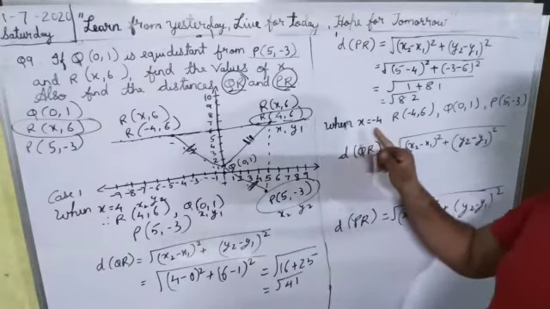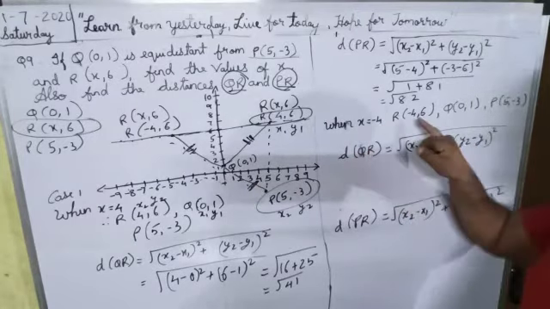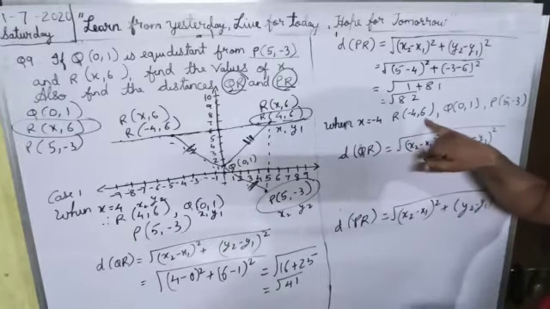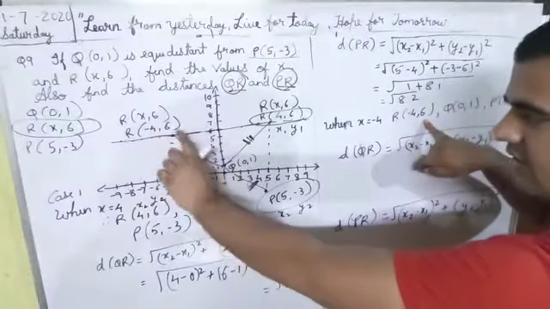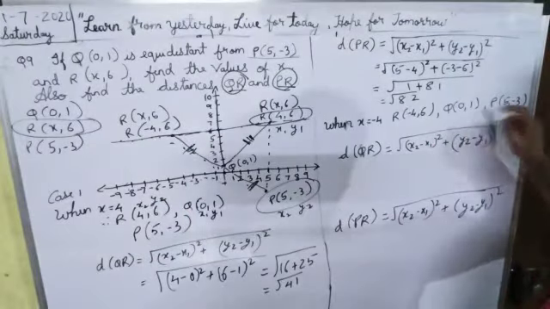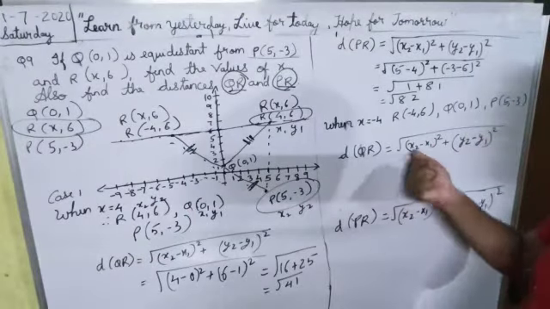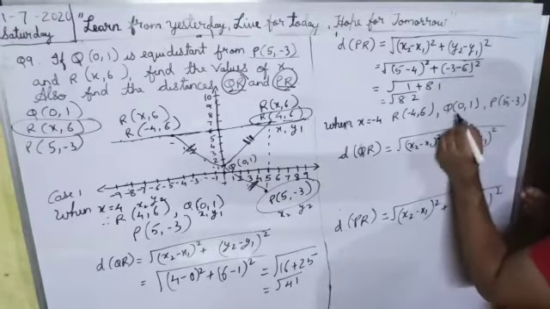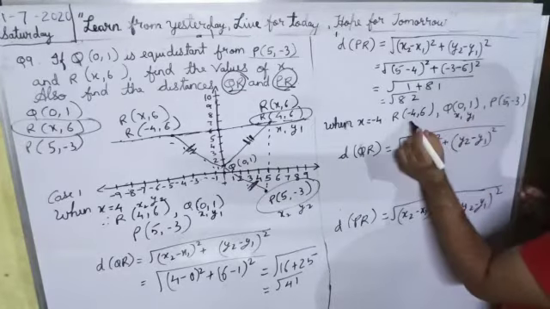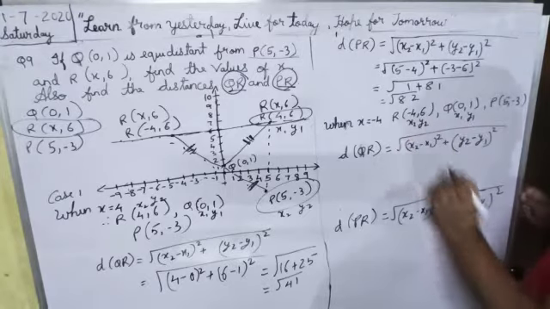Now case 2, when x equals minus 4, so you are getting R as minus 4 comma 6. So instead of here it will come here. So R is minus 4 comma 6. So for the distance QR, see, x2 minus x1, the formula is as it is. So we will consider this as x1 y1, x2 y2.